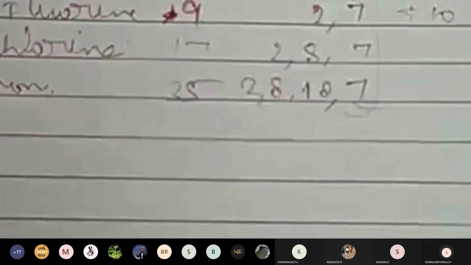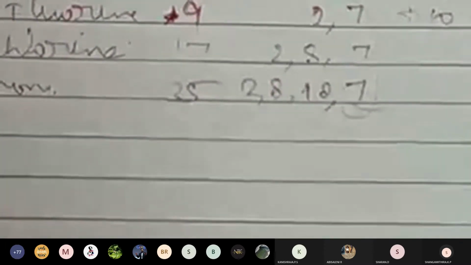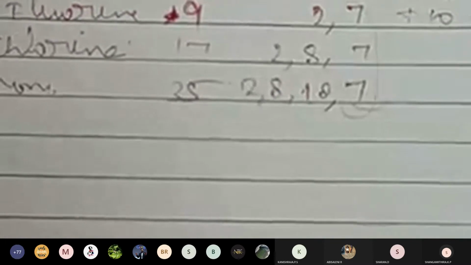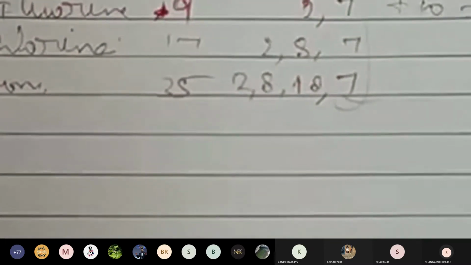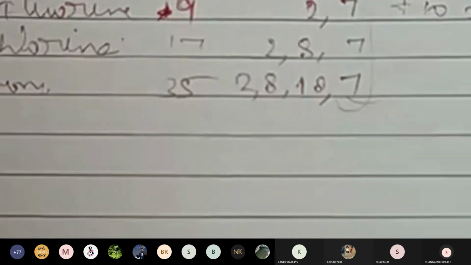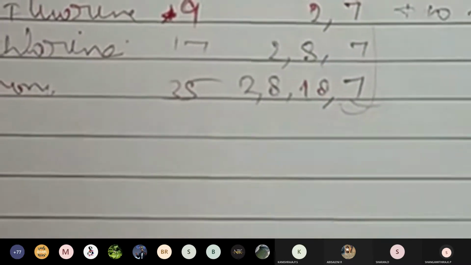The period number of an element is equal to the number of electron shells in its atoms. For example, if an atom of an element has 2 electron shells, K and L, then it belongs to second period.